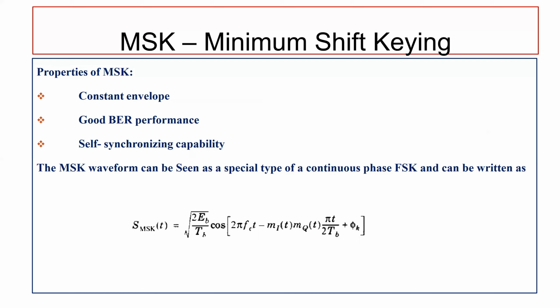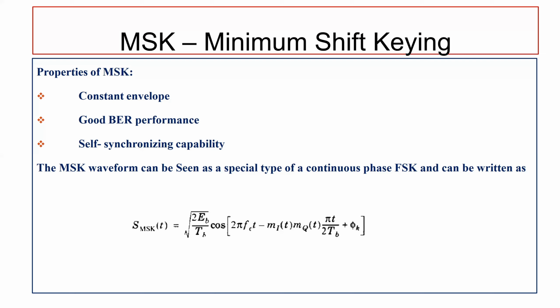So it is represented mathematically as root of 2 Eb by Tb cos of 2 pi Fc t minus mI of t mQ of t, that is in phase and quadrature, pi t by 2 Tb plus pi k. So as you have continuous phase shift, the phase as well as the frequency will be changing.